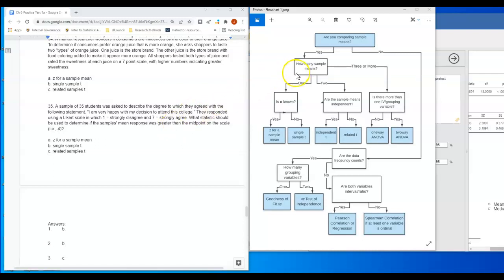Well, we don't yet in this problem, but we'll get one from the sample of 35 people. That 35 people will give us one mean. And then do we know a population standard deviation? We do not, right? This would be a single sample t because we're going to compare that sample mean to the value of theoretical interest, which is the midpoint on the scale, which is a 4.